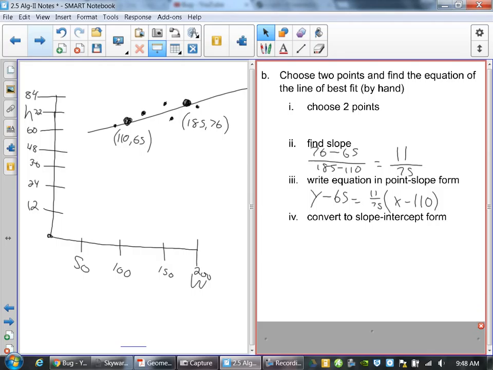And then just solve for y. So you're going to get some really ugly y-intercept here.